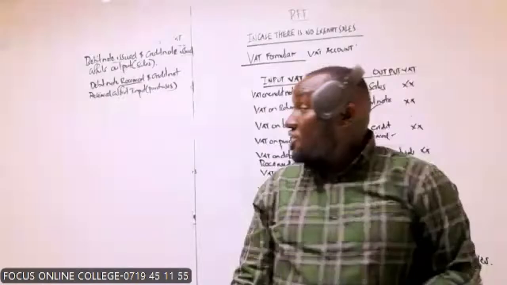So therefore, a credit note should be reducing. Then the debit note is used to correct an undercharge. So therefore, increasing. Abdi, are we together? Your response is needed. Are you saying you have understood what Mwalimu is saying?